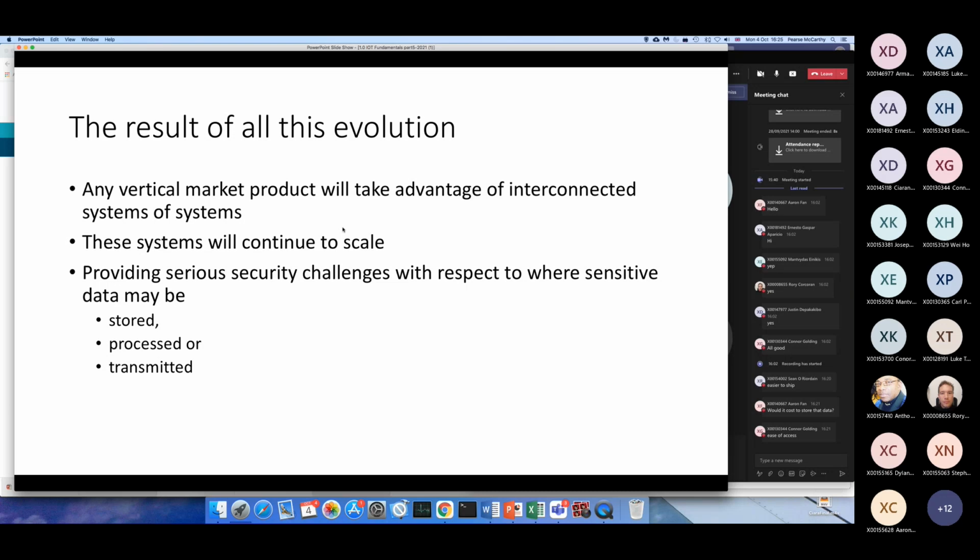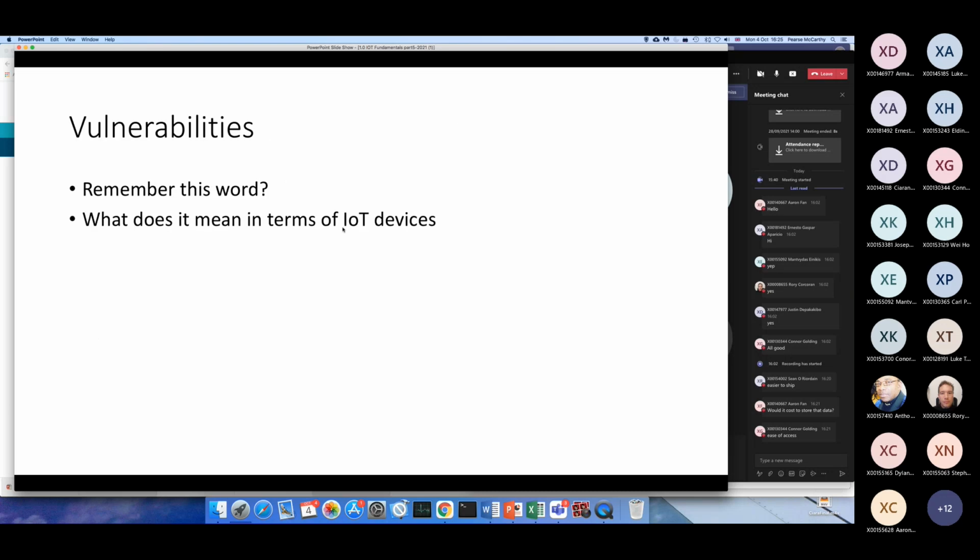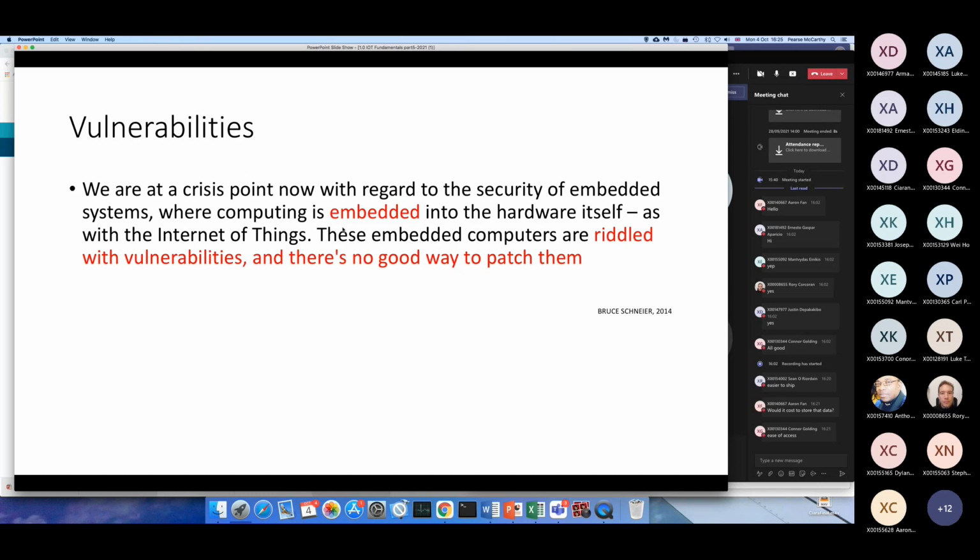So, okay, this is all about security. Remember our word vulnerabilities from second year? What does it mean now if we think about it in terms of IoT devices? Well, this guy is famous, this Bruce Schneier. Again, this is 7 years old, his quote, right? Very topical for the way IoT has grown.